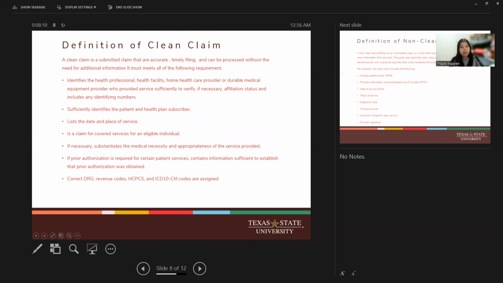The first one is to make sure to identify the health professional, health facility, home healthcare provider, or durable medical equipment provider who provides services sufficiently to verify, if necessary, affiliation status, and include any identifying numbers.